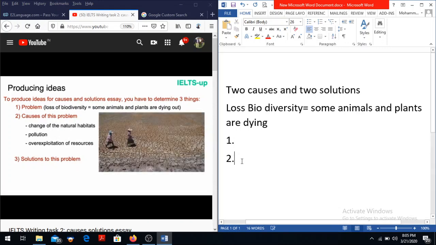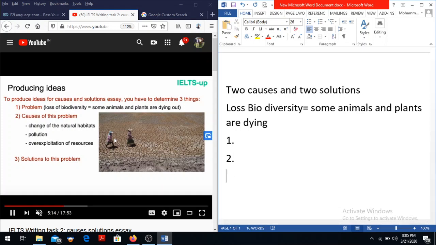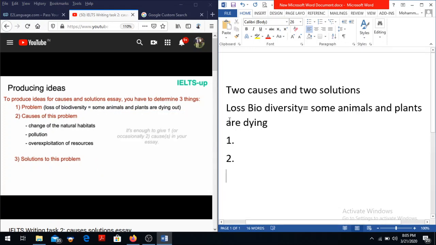And another cause is over exploitation of resources. So what we should do when we do brainstorming is write at least more than two ideas, so that while we are writing, we can choose the best two ideas from those three.